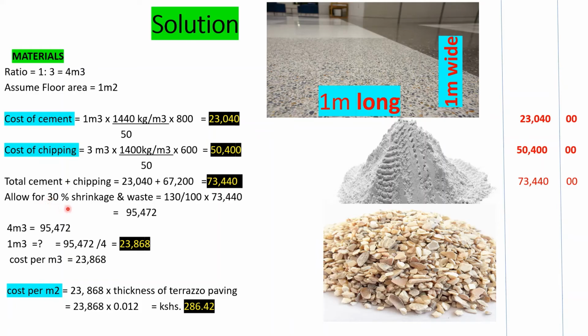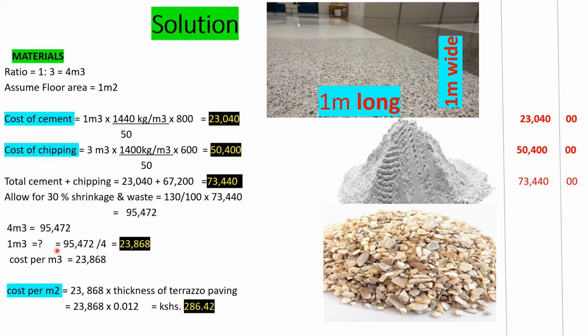And then we allow for 30% shrinkage and waste. That will give us 130% of the total cost, which gives us 119,808. So that is the cost of the cement and the chippings that we need for 4 meter cubic.